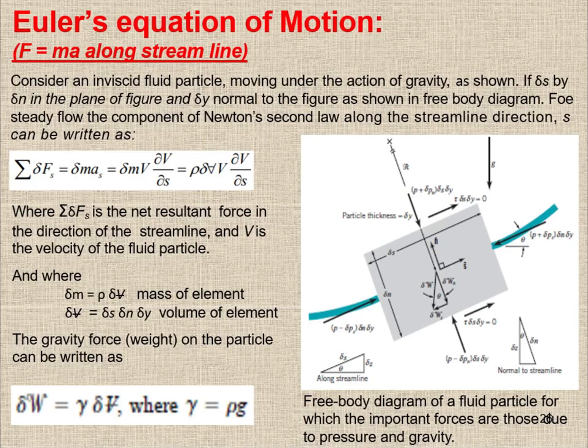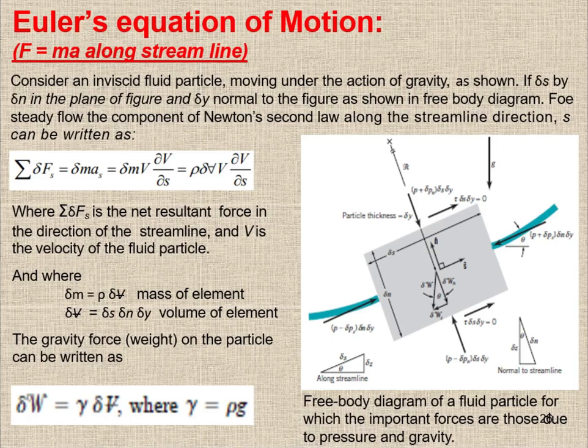We know that there are not only forces acting along the streamline, but also some forces acting normal to the streamline. But here we are going to consider only the forces along the streamline.